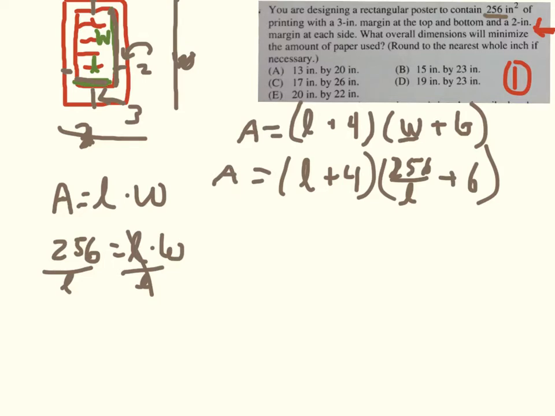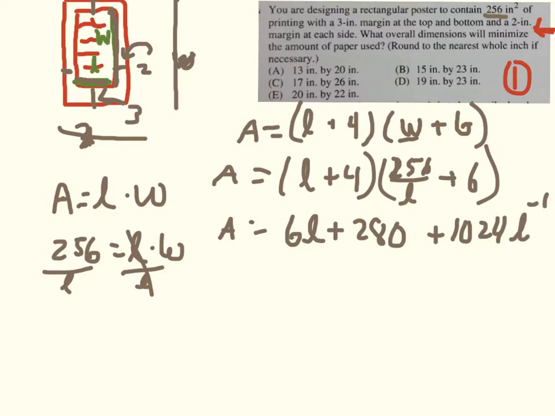That looks like a pain. So I'm just going to FOIL it all out, and I hope I did this all right. I end up with 6L plus 280, then plus 1024 L to the negative 1. Or you could have said over L also.